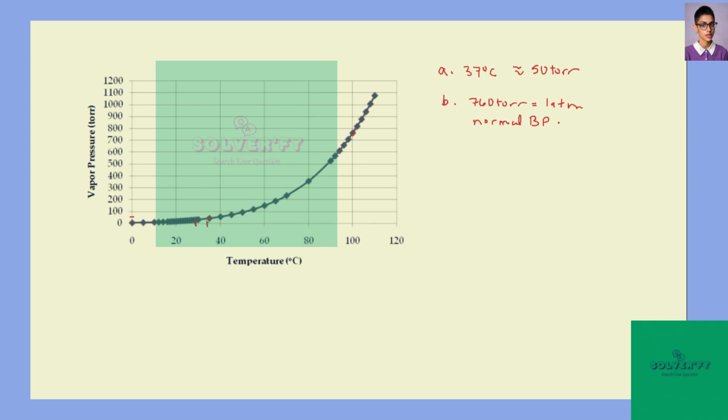The normal boiling point of water. So the normal boiling point is the point on the graph for vapor pressure versus temperature at which the pressure is the normal pressure, which is 1 atmosphere or 760 torr.